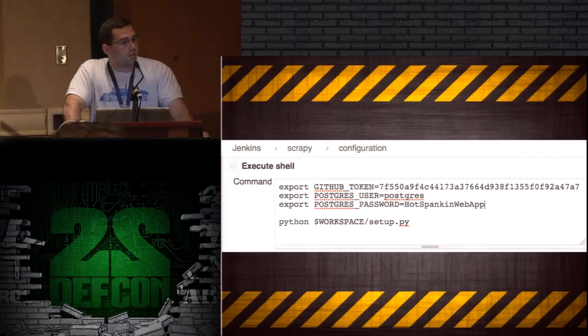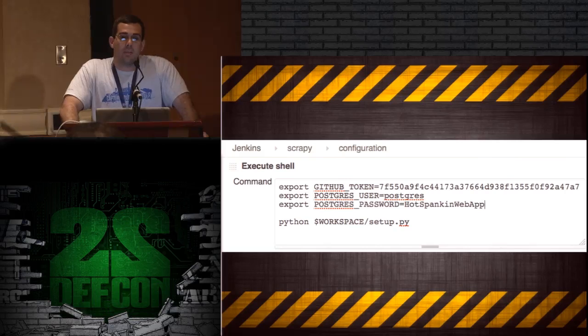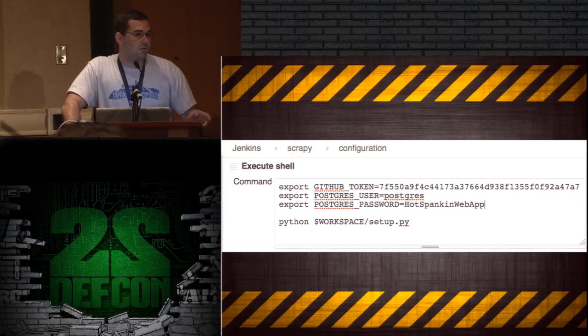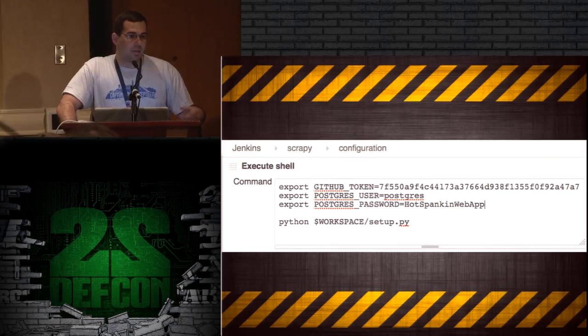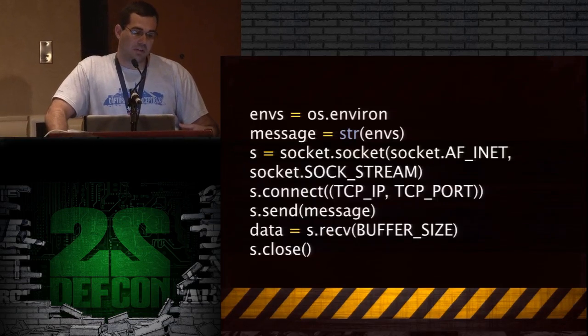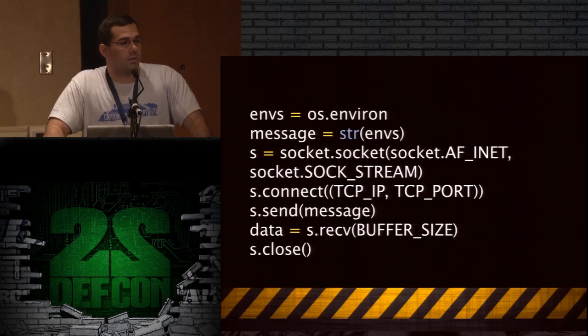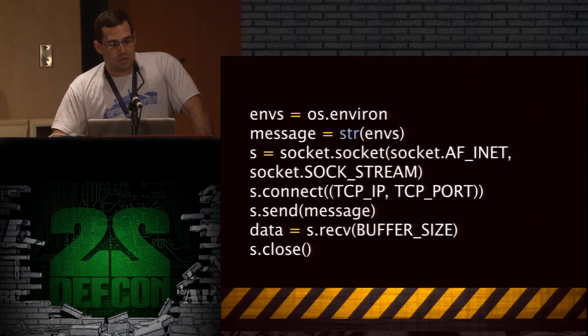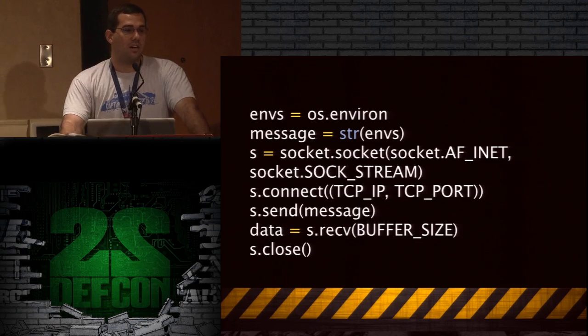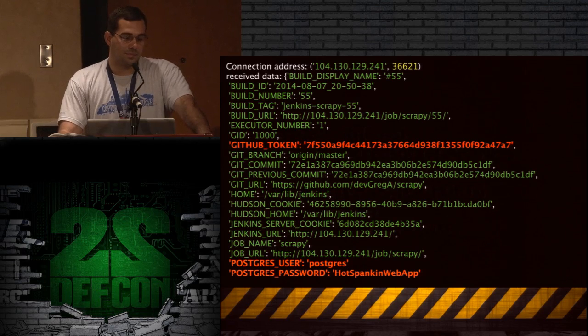Either you throw them directly in the configuration, or you're using the credentials plugin, but at runtime, they all boil down to actual environment variables. So both could possibly be leaked if you could sneak something like this into the code. The goal of this script is to print the environment variables and then phone them home to a server. And no problem.